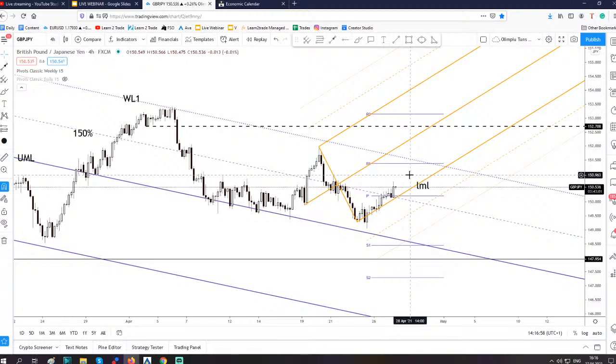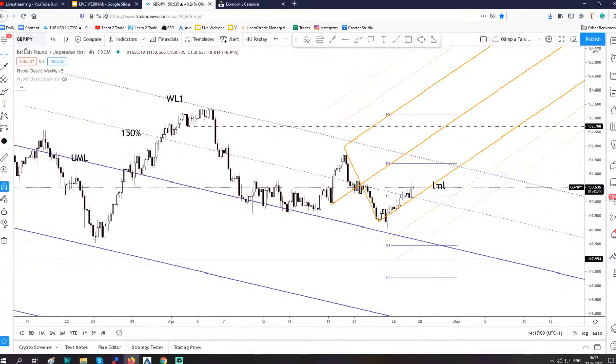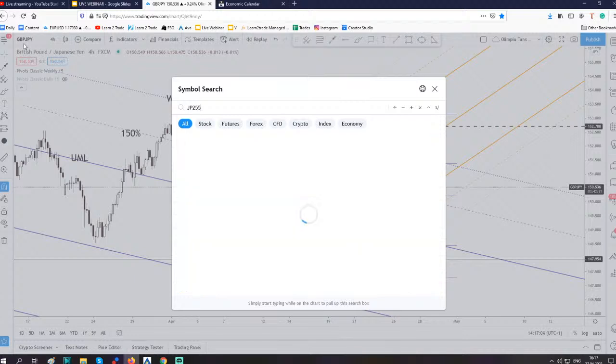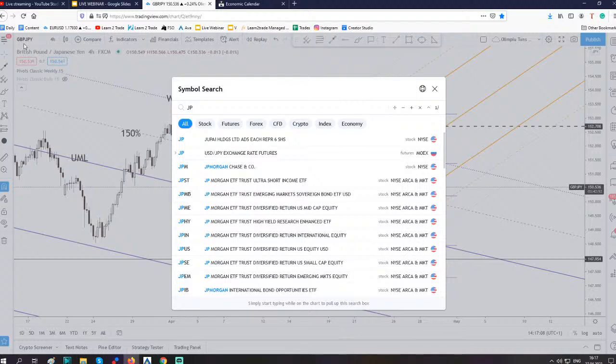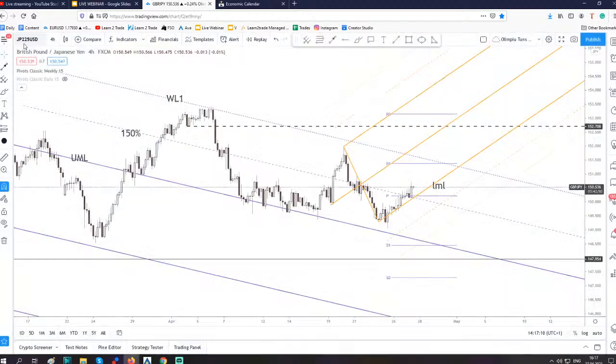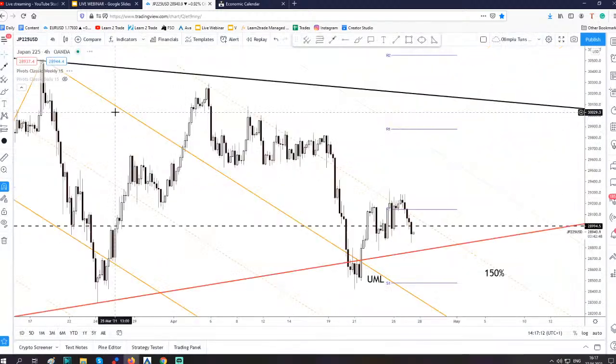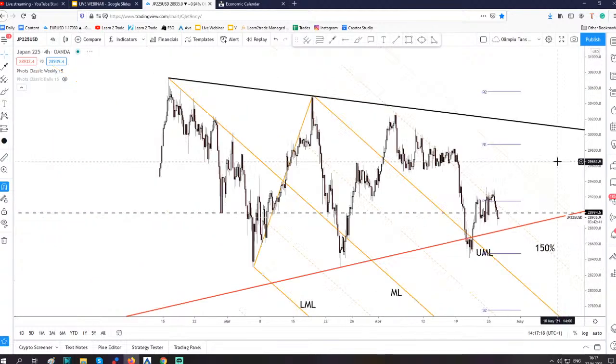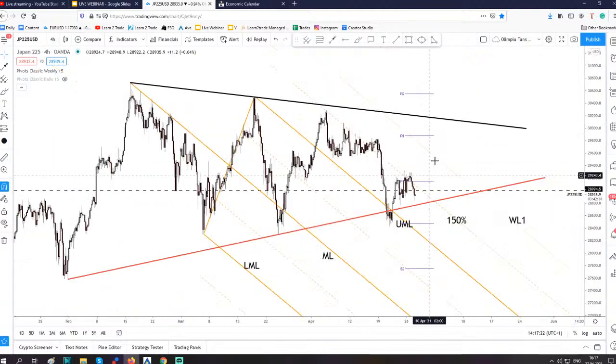First of all, let's take a look on the Nikkei. One moment, guys. So let's take a look here on Nikkei, because if the Japanese stock index will jump higher, then the Japanese yen will depreciate versus the other major currencies.